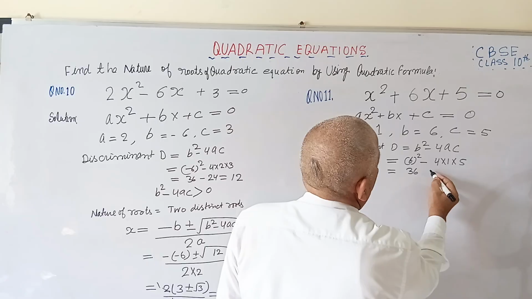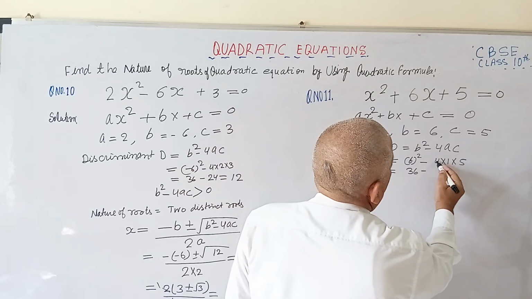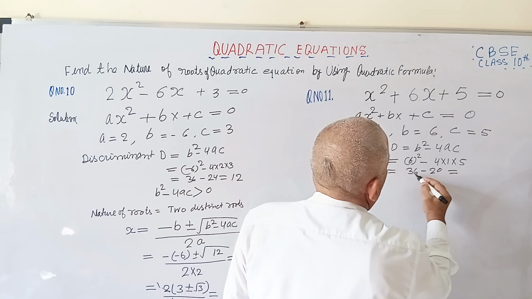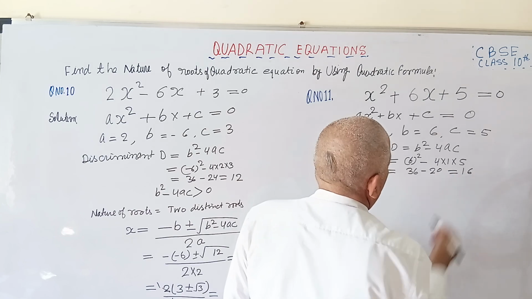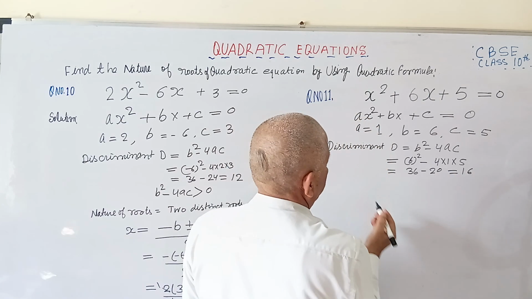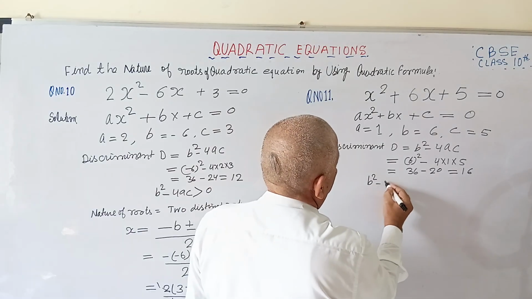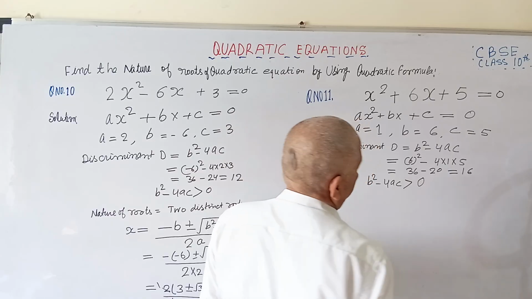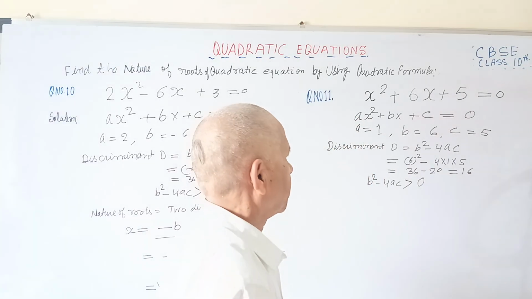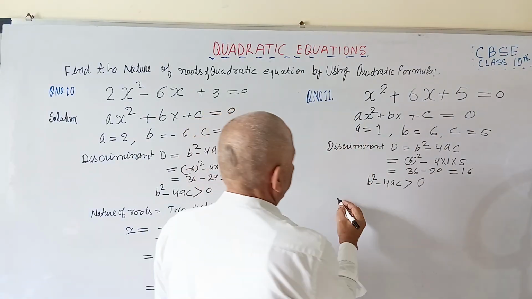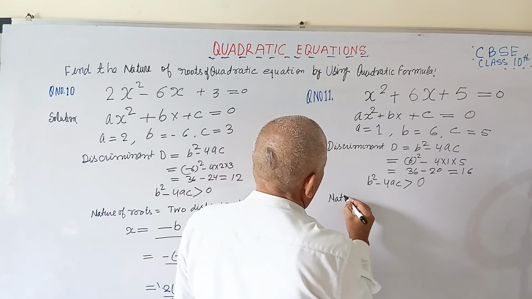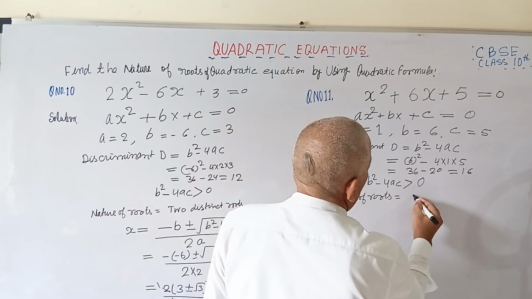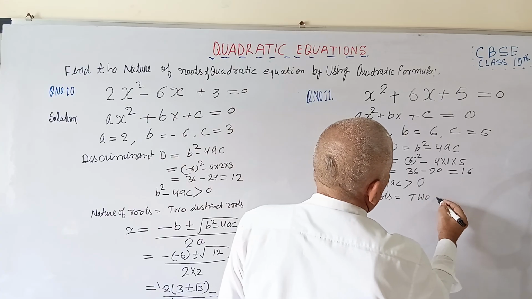So 36 minus 20, this becomes 16. So here we see that b square minus 4ac is greater than 0, since its value is 16. So the nature of roots is two distinct roots.